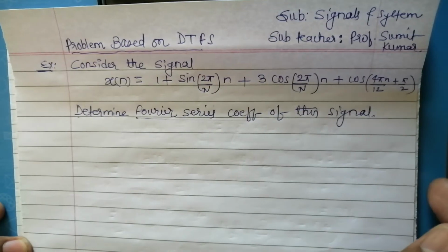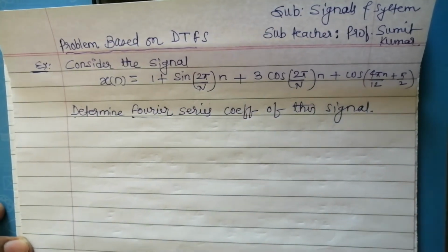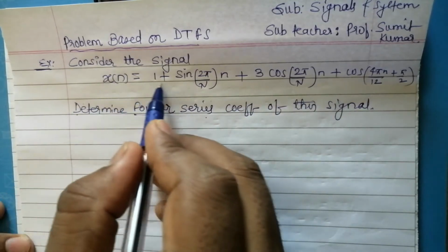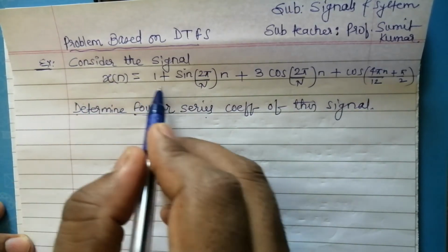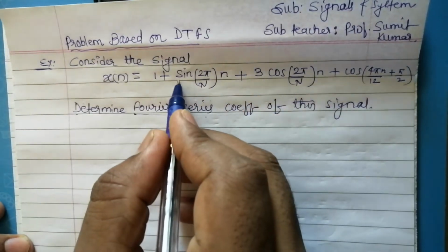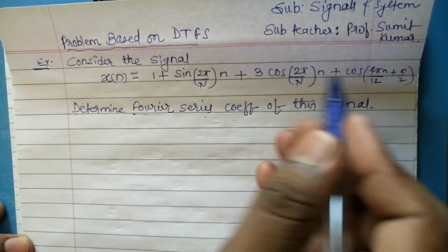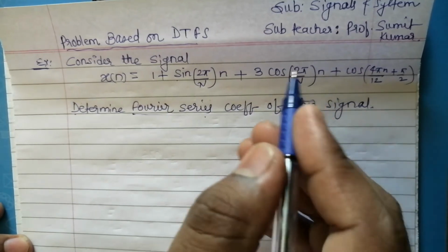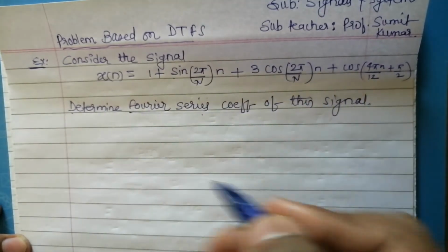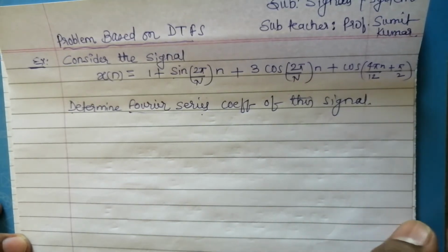As we know, to find the Fourier series coefficient we have to express the given x of n in terms of exponentials. The sine and cos terms are available in this numerical, so we will express them in terms of the exponential part.